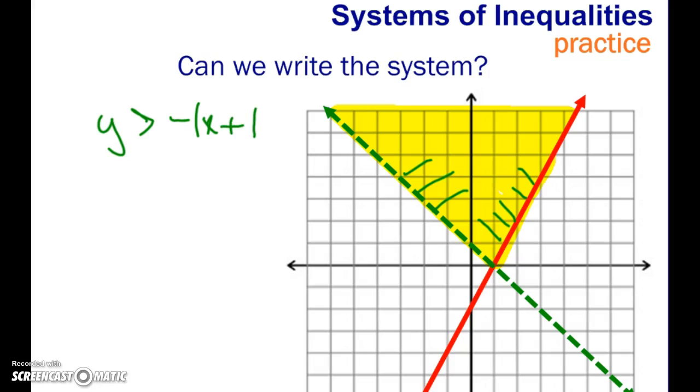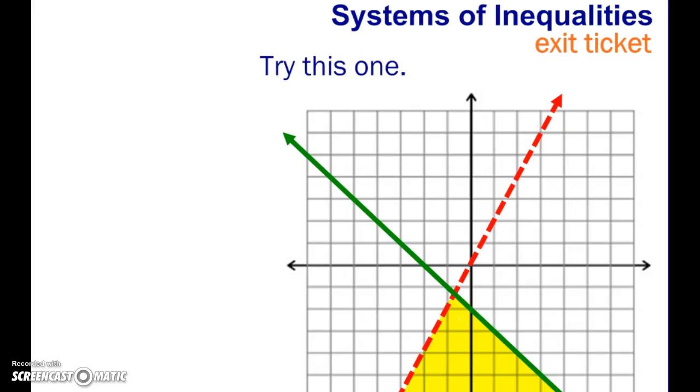The red equation, same thing, is still y greater than or equal to, minus 2 with a slope of 2. So right there. Try this one on your own.